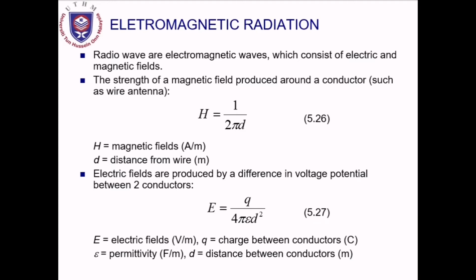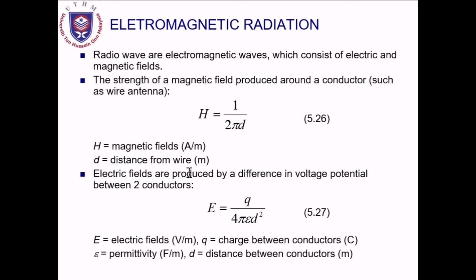Radio waves are electromagnetic waves which consist of electric and magnetic fields. The strength of a magnetic field produced around a conductor, for example a wire antenna, is H equals I over 2 pi d, where H is the magnetic field and d is the distance from the wire.